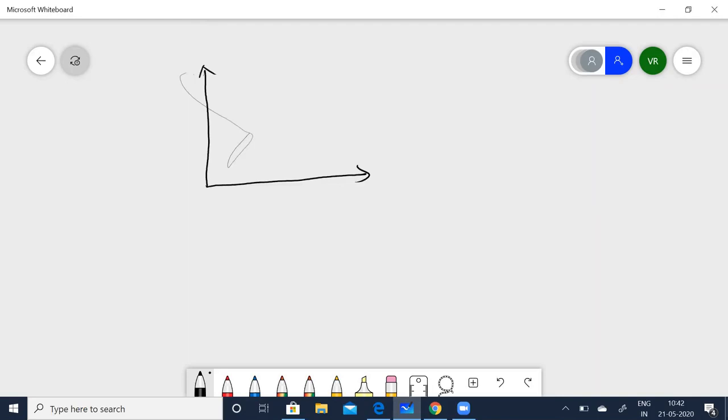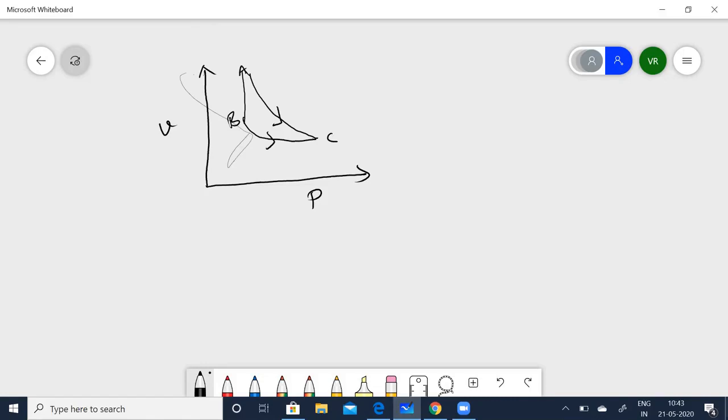So let this be P and let this be V. Now first is going to be an isothermal change, and this is going to be an adiabatic change. Let me take this point as A, this is going to be B, and this is C. So this is going to be from here to here.